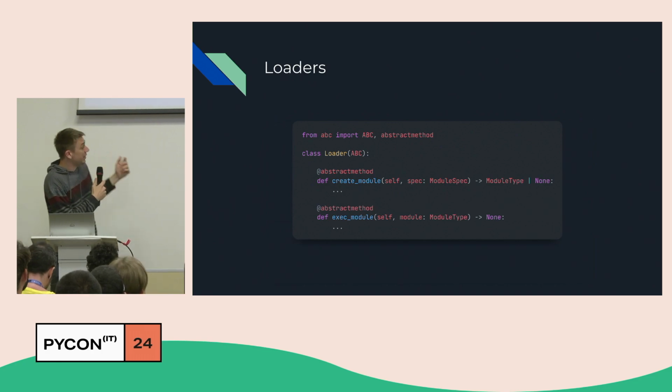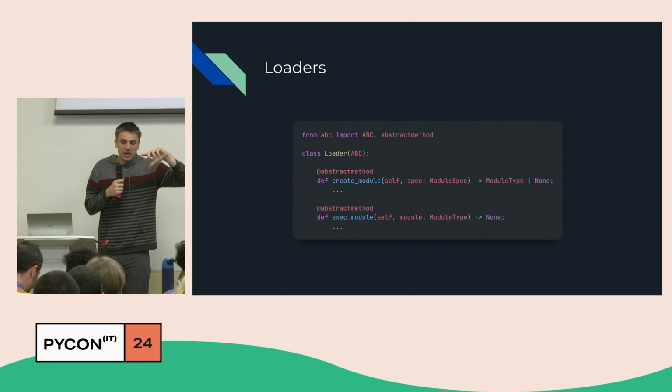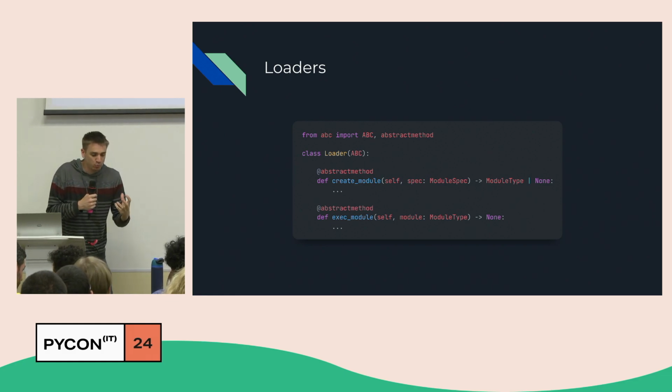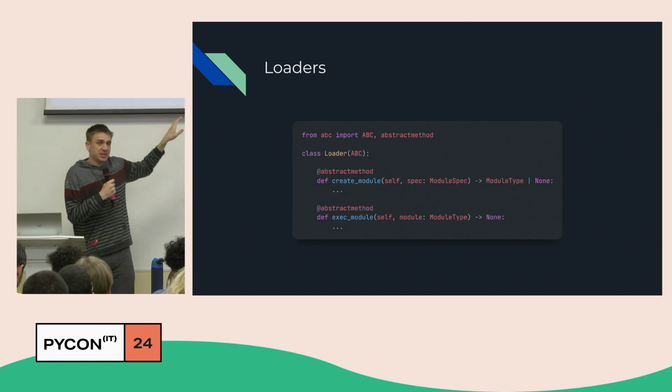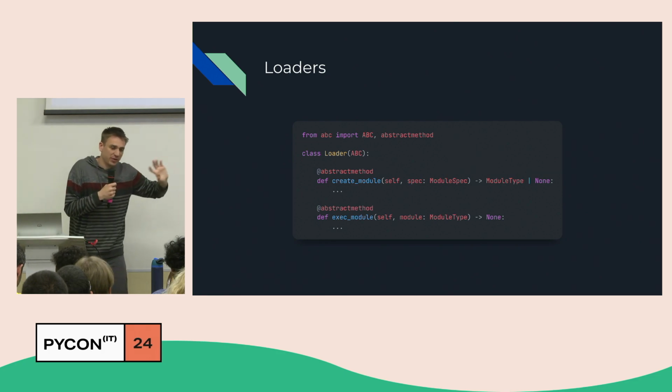Okay, loaders, they need to define two methods, a create module method and an exec module method. The create module method is responsible for creating the module instance object. By default, you don't need to implement this. Most implementations just return none, and then that just tells the import machinery, just do your default thing, make me an empty module and populate it.